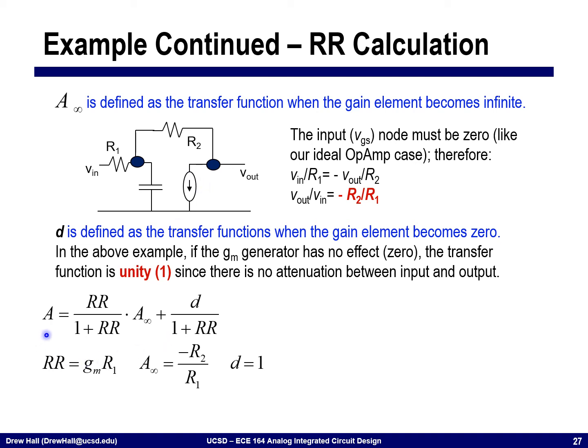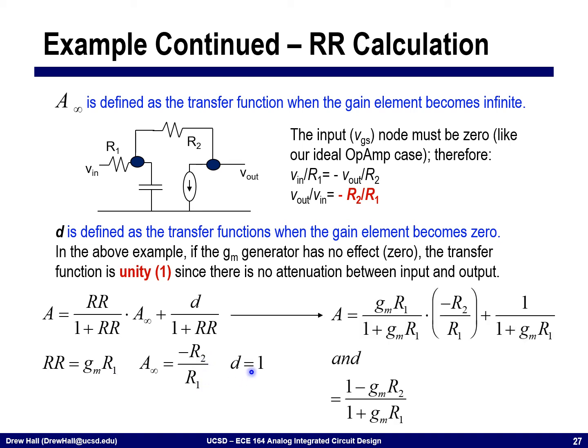All right, with that, we can now put together our closed loop transfer function. This is the return ratio divided by 1 plus the return ratio, times A infinity, plus D divided by 1 plus the return ratio. The return ratio, or loop gain, we said was GM times R1. A infinity was minus R2 divided by R1, and D was equal to 1.